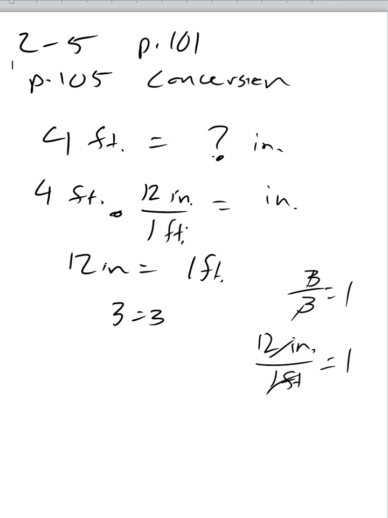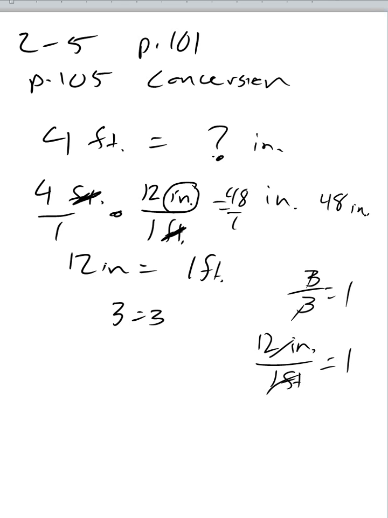I can reduce the feet, I have my label of inches left over, and now it's just multiplying fractions. 4 times 12 is 48, with our label of inches, and 1 times 1 is 1, so I don't need the 1 anymore. Your answer is 48 inches. You can convert anything that way. You just need to be patient and make it through.